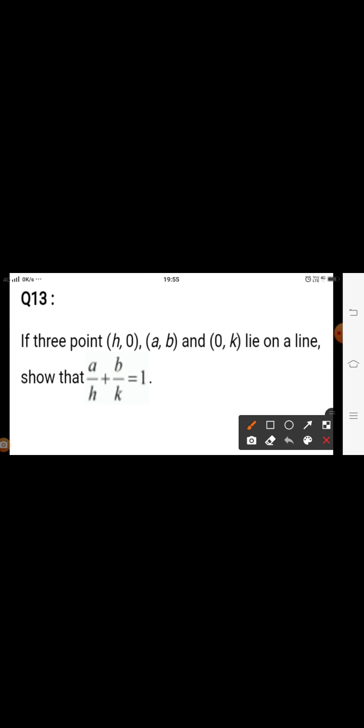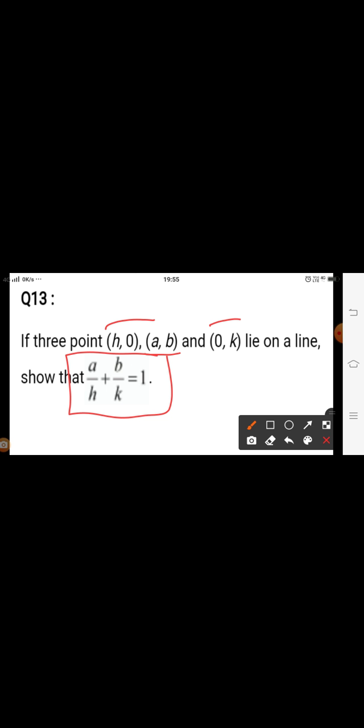On solving, we get the reduced equation k - y1 = m(h - x1). We just use the concept of slope, (y2 - y1)/(x2 - x1), put in the values, and multiply on the other side to get the required equation.